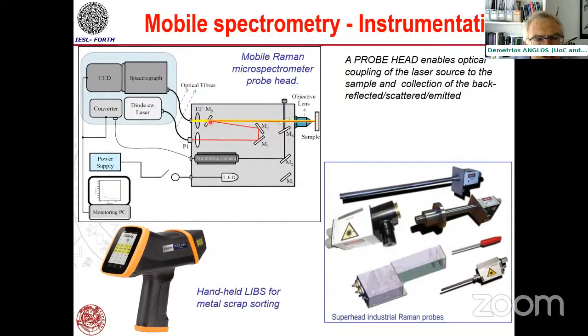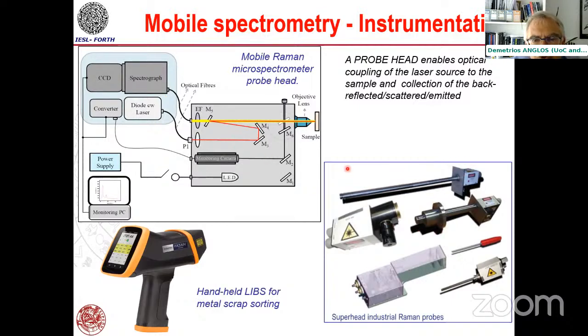The interaction of the beam with the sample produces Raman scatter light that is collected through the same objective and goes back along the same path, but manages to go through a special filter. We call it an edge filter. It's highly reflective to the laser beam. It's highly transmissive to the Raman shifted backscatter light, which through a lens is coupled into an optical fiber, transmitted into a spectrometer, and this way one can record the Raman scattering spectrum.